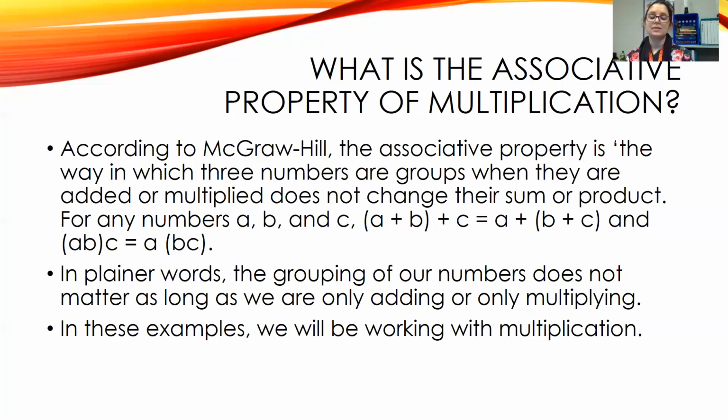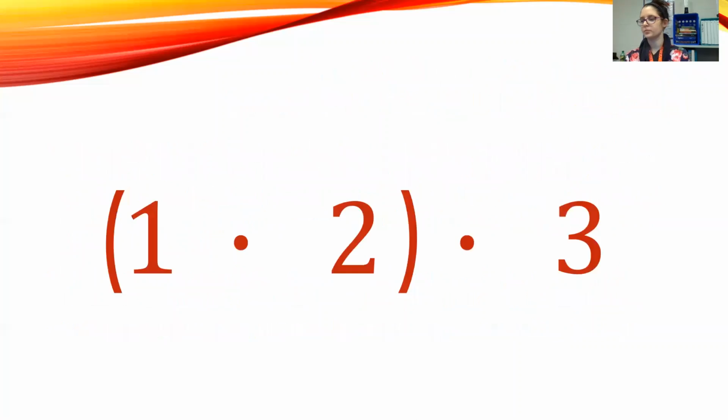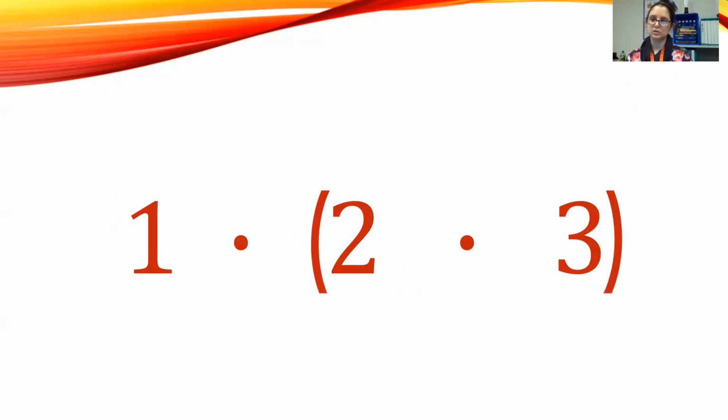It's that the grouping of our numbers does not matter as long as we are only adding or only multiplying. And like before, we are looking at multiplication examples. Okay, so as a very basic example, 1 times 2 in parentheses times 3, we can use the associative property and move our parentheses so that the 2 and the 3 are grouped.